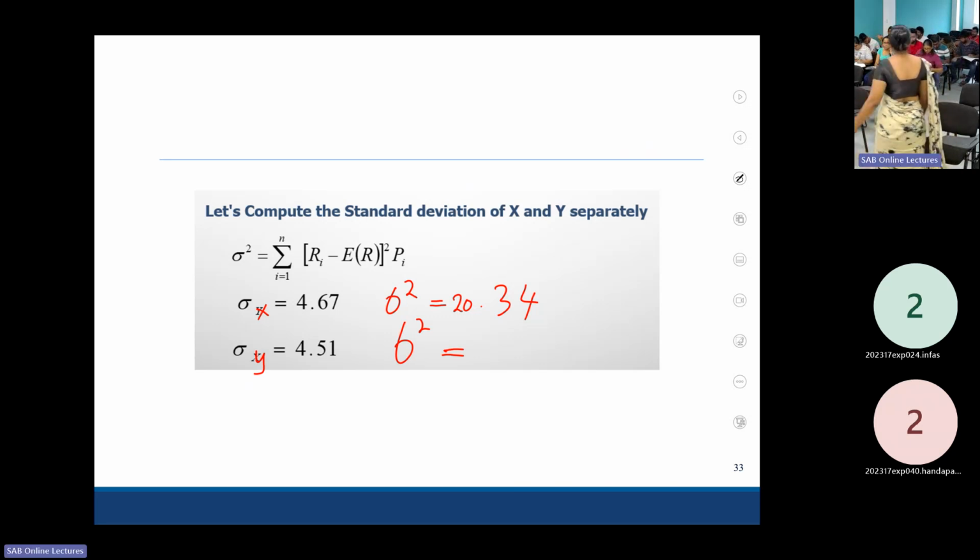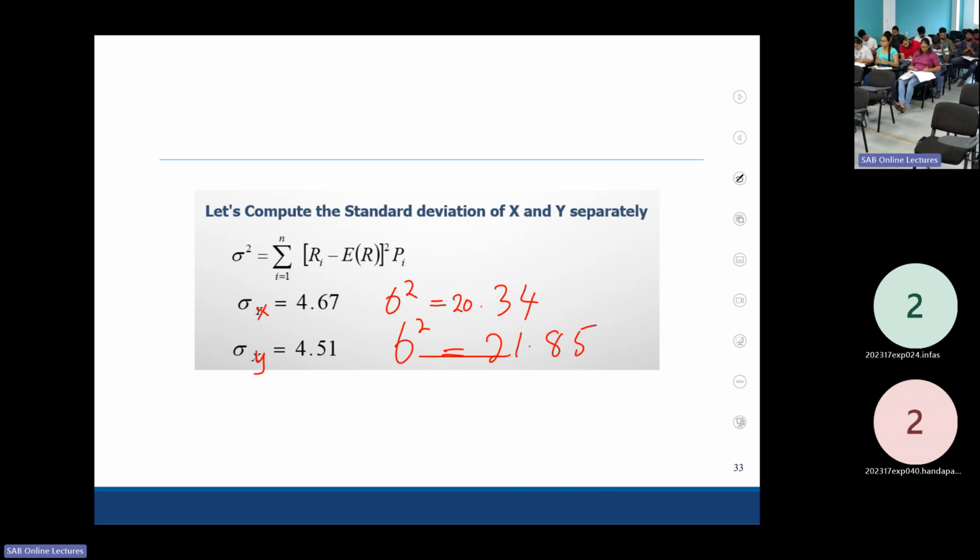Variance Y, how much? 21.85. 21.85 is the variance.